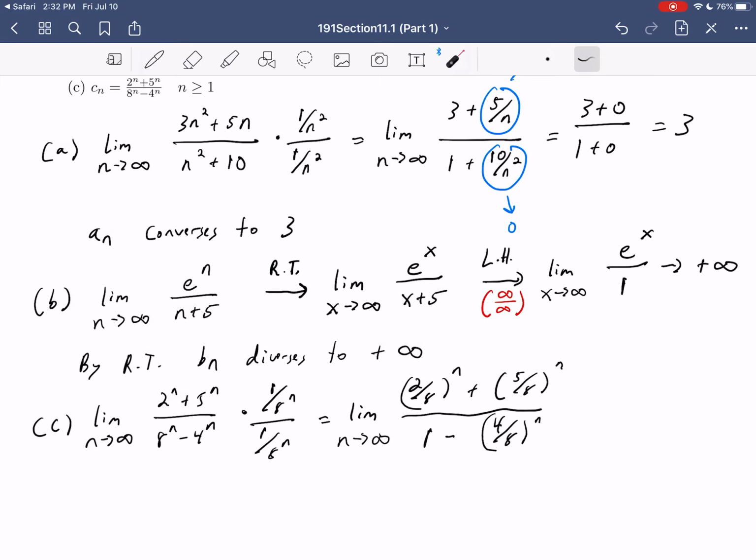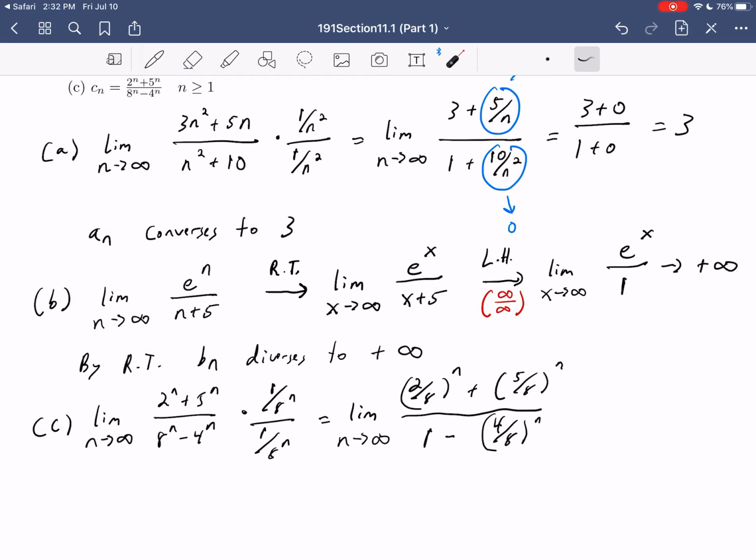Now, what's so good about this? Well, remember, 2 over 8, 5 over 8, and 4 over 8, those are all numbers less than 1. So, in other words, they're all values that are small. When you take something that's small and you multiply it with itself over and over again, which is what this exponent is going to do, it gets smaller and smaller. Think about that for like 1/2. 1/2 times 1/2 is a fourth, then times a half is an eighth, then a 16th, then a 1/32nd, a 1/64th. It's just going to get smaller and smaller.